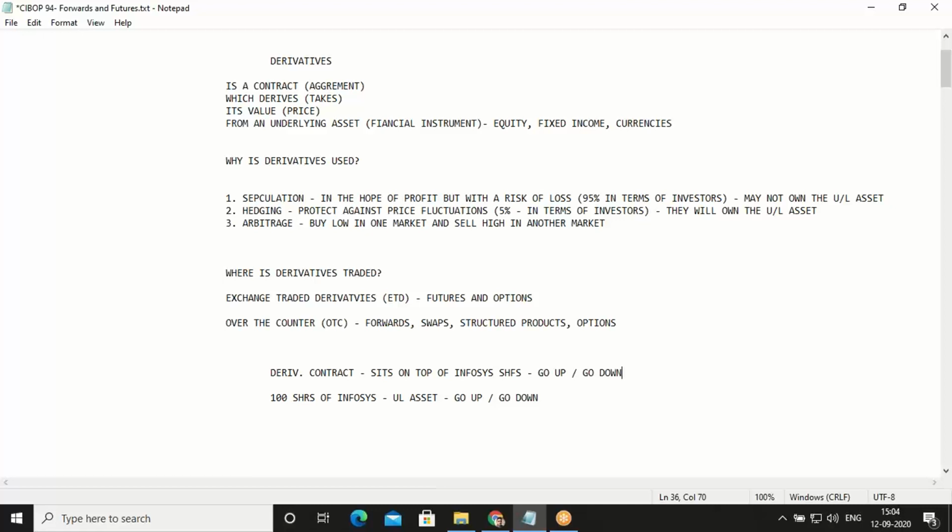If it is going up, so will the derivative contract. It cannot be that the share price is going down but the derivative contract is going up. That cannot exist, because a derivative does not have a mind of its own. It's going to reflect exactly what's happening on the underlying asset. Is this clear, Nikhil?